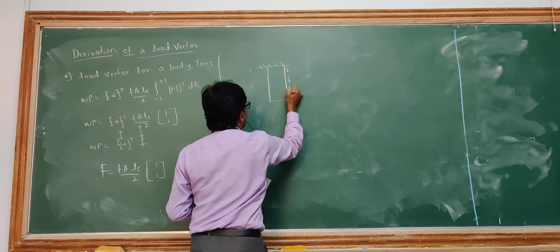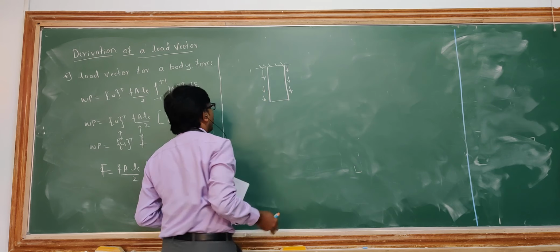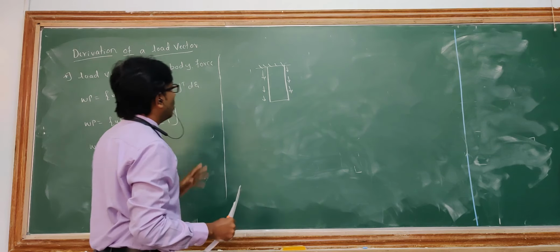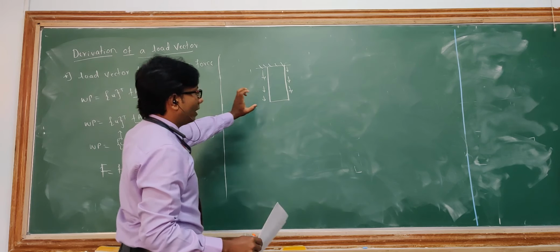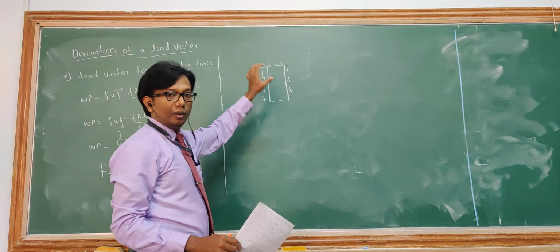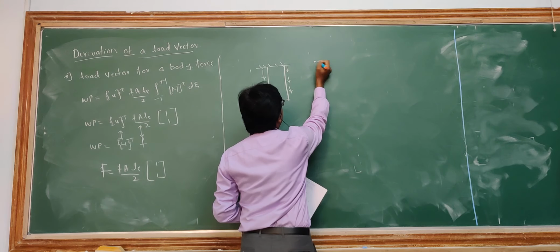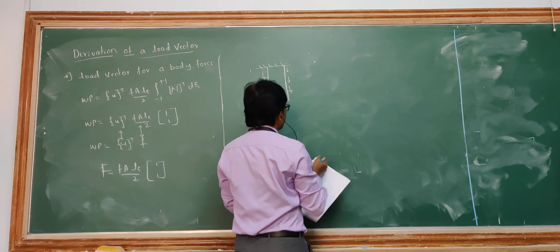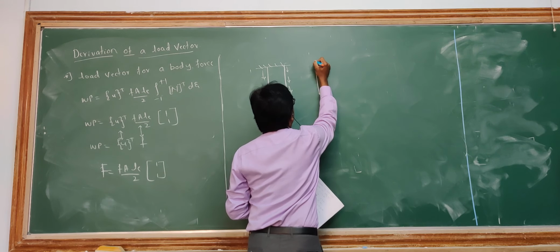Because of its self weight, the body is trying to displace or deform. What is the amount of deformation? If I want to solve this particular problem with the FEM method, I'll model it as a single element, just for a theoretical case.